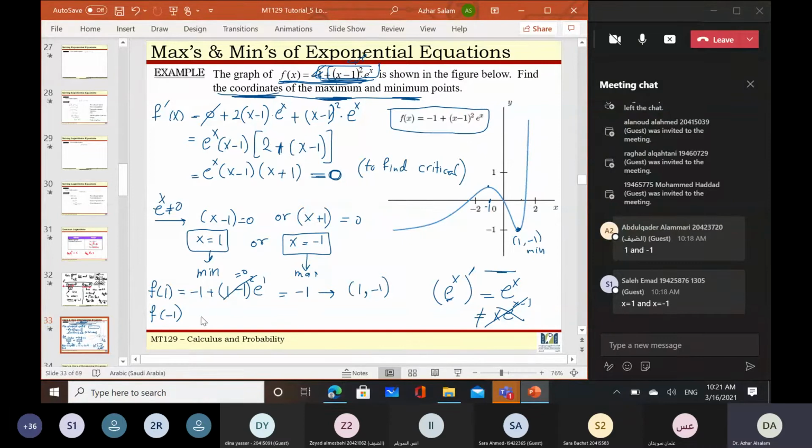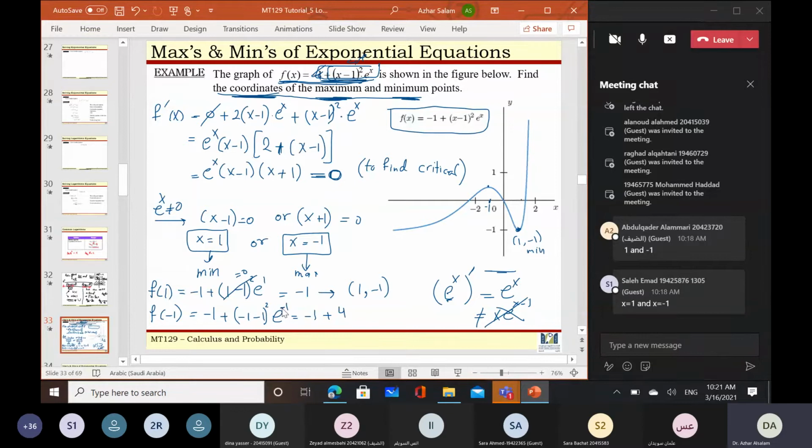I still have to find f of minus 1, which is minus 1 plus minus 1 minus 1 squared e to the power minus 1. All I did is substitute here, in place of every x, minus 1. It's equal to minus 1. This is minus 2 squared, which is 4, and this is e to the power minus 1.